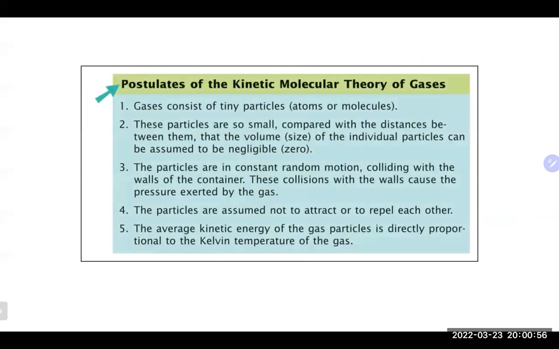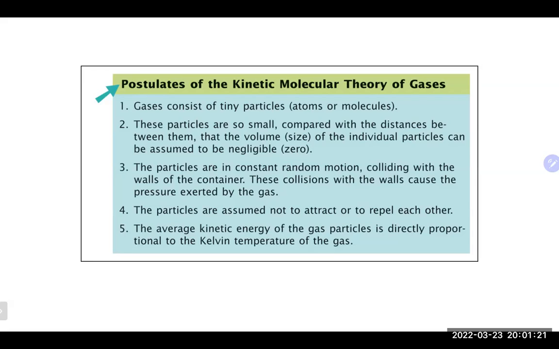So just to finish up here, these are some of the parts of the kinetic molecular theory of gases. A lot of these things we talked about a little bit. Gases basically consist of tiny particles, either atoms or molecules. These tiny particles are so small compared to the distances between them that the volume of the actual gas molecule is thought to be basically negligible or zero.